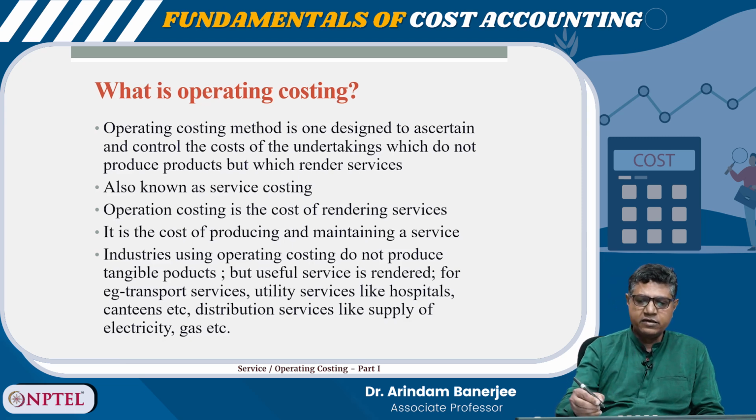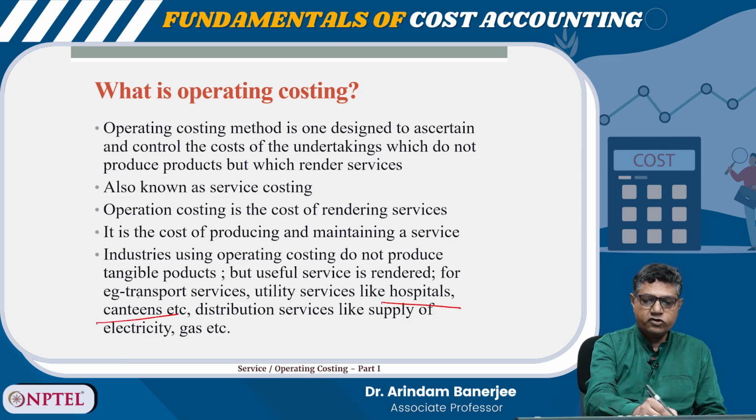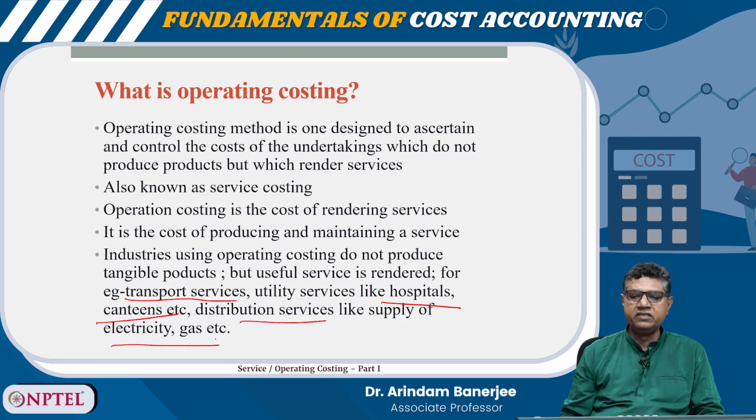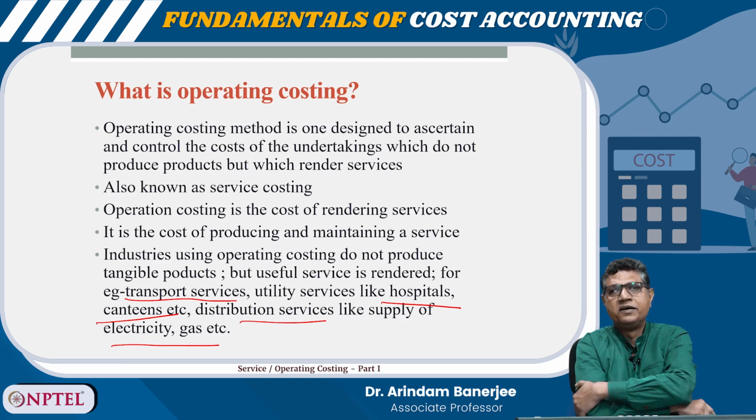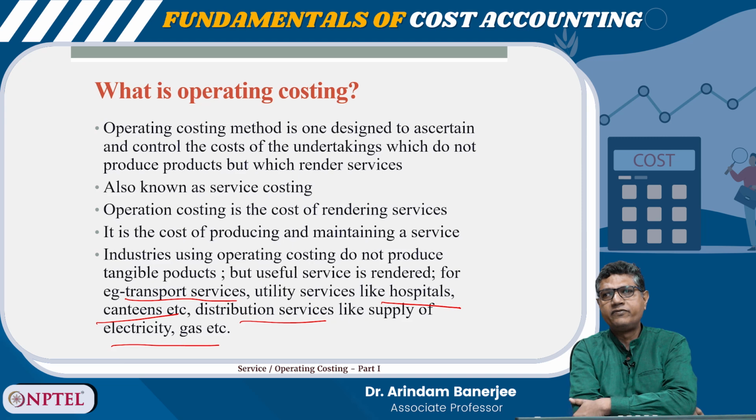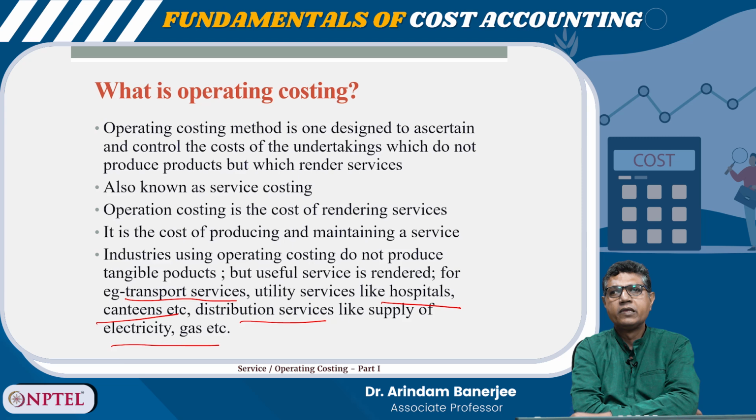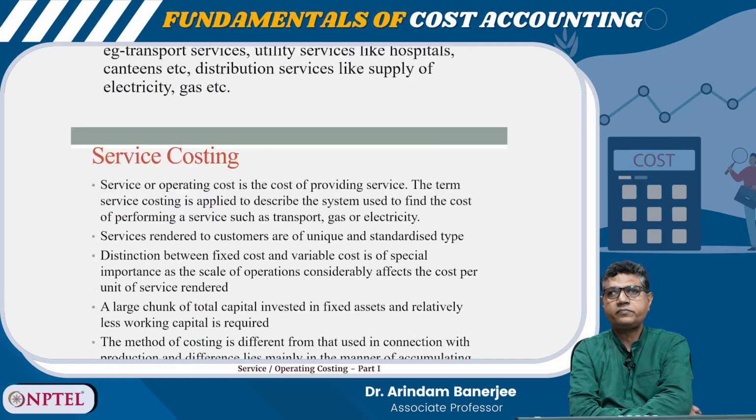The examples are hospitals, canteens, transport services, distribution services like supply of electricity, gas, etc. Because of their nature of product, they need some special type of cost record maintenance, which is useful for decision making purposes.